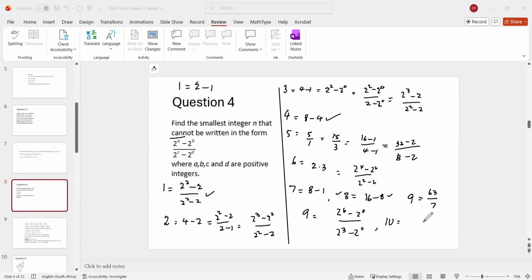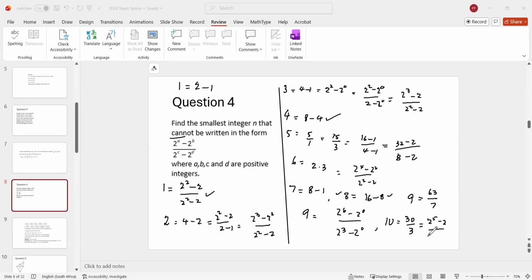And 10 can also be done like this. But you see that this time it becomes like 30 over 3. And this is 2 units away from a power of 2. So it's 2 to the 5 minus 2, 32.